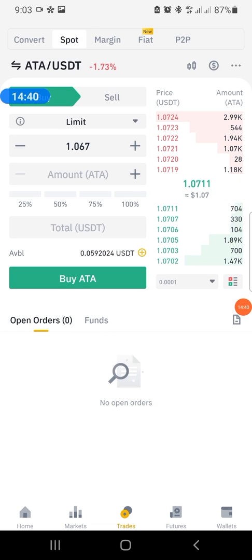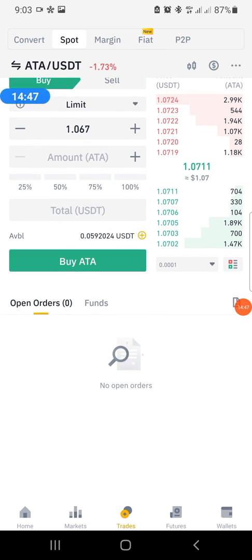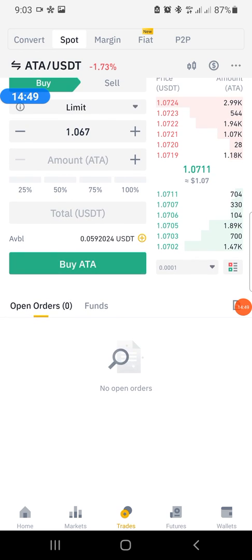So let's define some of the parameters used in trading. Here is the buy. This buy is used in placing a buy order, while here is the sell, mainly used in placing the sell order.